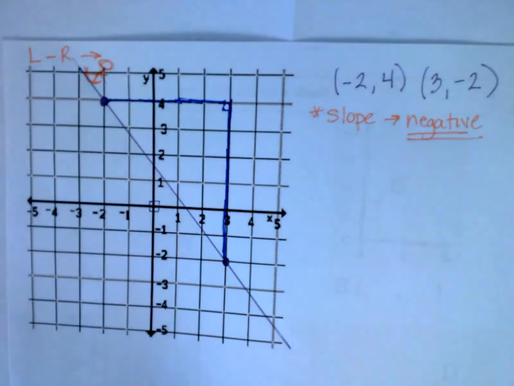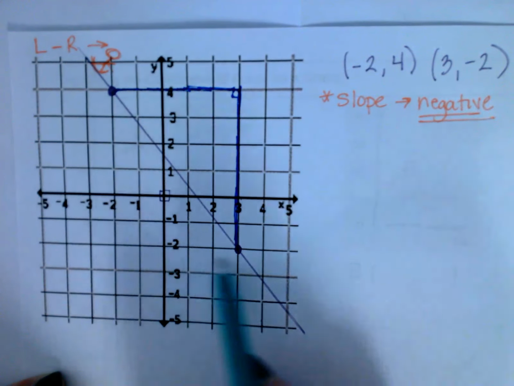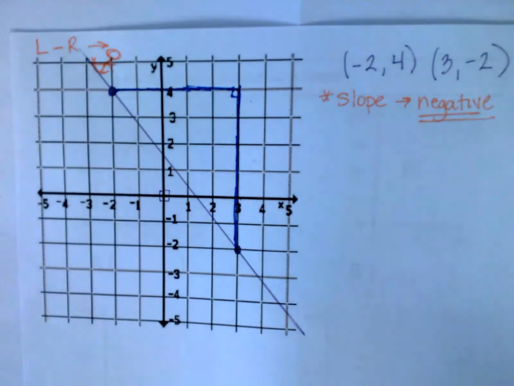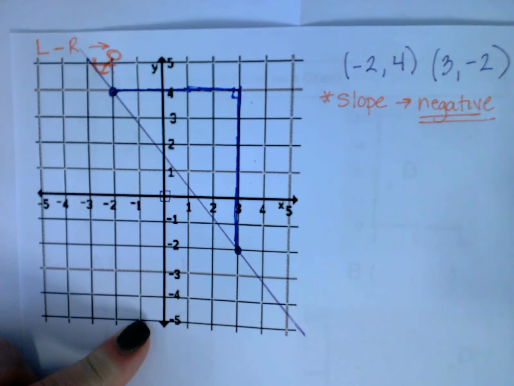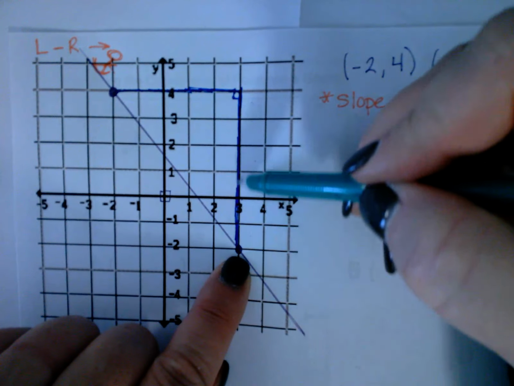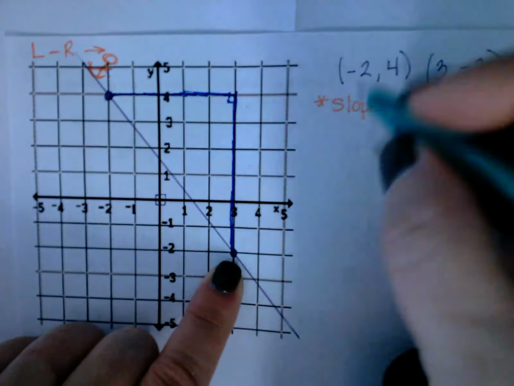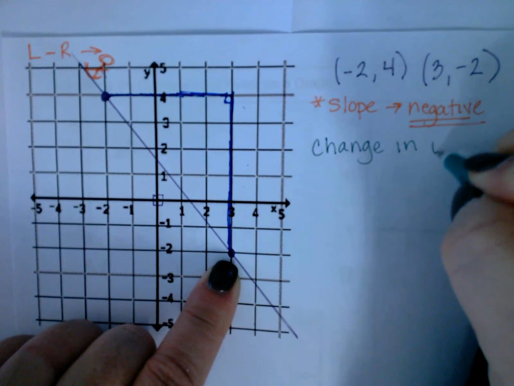Okay. Now another question before we do anything else is I have asked you in the past, what are we counting by? Remember how we would count our rows tall? We have to figure out what we're counting by. Few ways we can do it. I can see here we're counting by ones. I need to figure out how tall this is. This is the change in the y. So we need to find the change in y's.